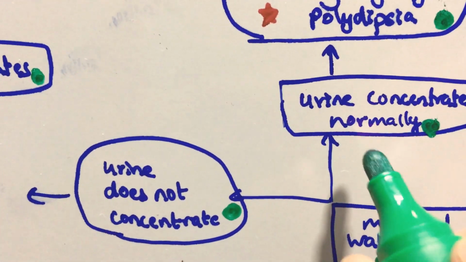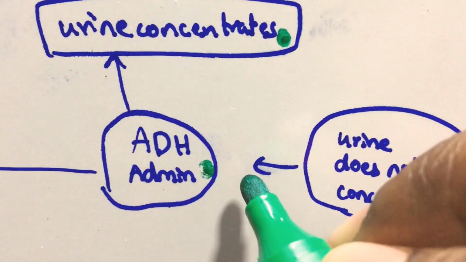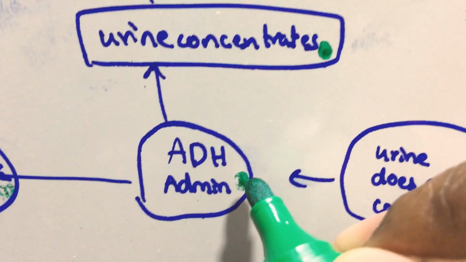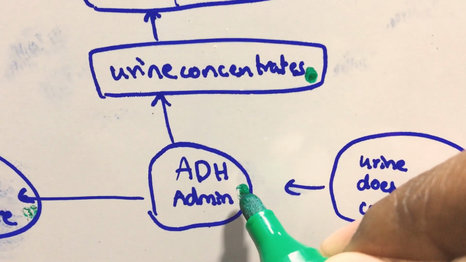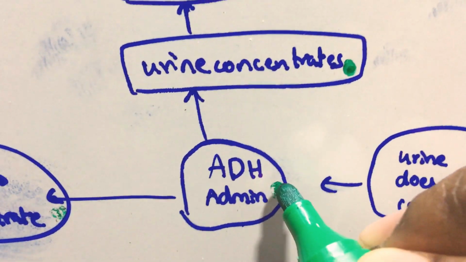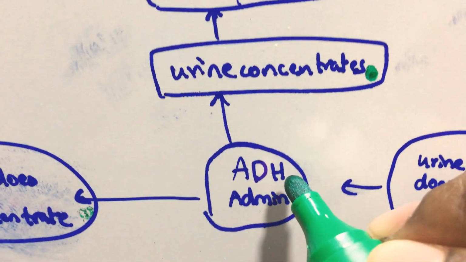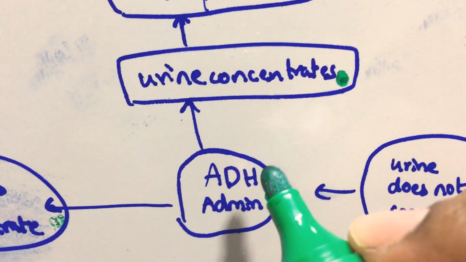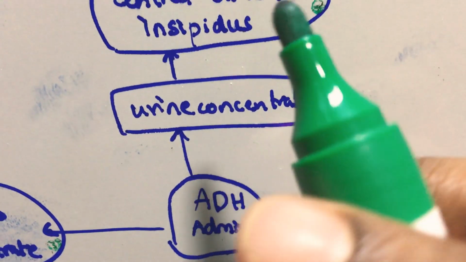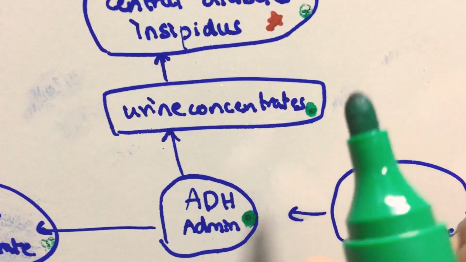If the urine does not concentrate, then you need to proceed with the ADH challenge test, which is the antidiuretic hormone challenge test. You are administering synthetic antidiuretic hormone to your pet, and you are going to observe the urine to concentrate. You are going to check the specific gravity.